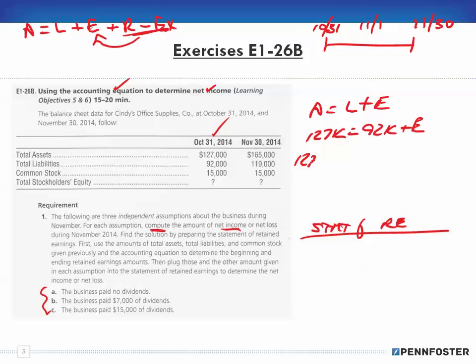So it's 127 minus 92,000 because we're isolating the equity, and when we move the 92,000 across the equal sign, it changes the sign. So when we subtract 92,000 from 127,000, our equity is 35,000. Okay, so our equity here is 35,000.